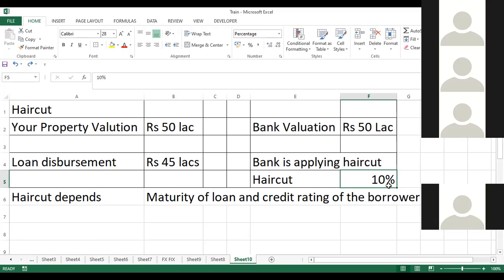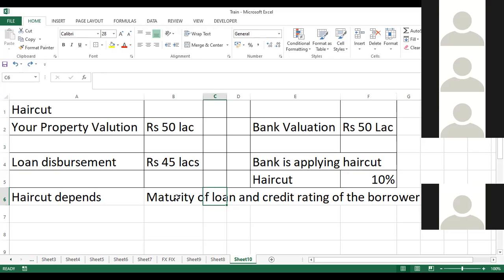If you are going for a loan against property for 20 years, that means the maturity of the loan is quite long. The tenure is longer, right? So when the tenure is longer, you can say the risk is high. When the risk is high, for sure, the haircut charge would be high, right?